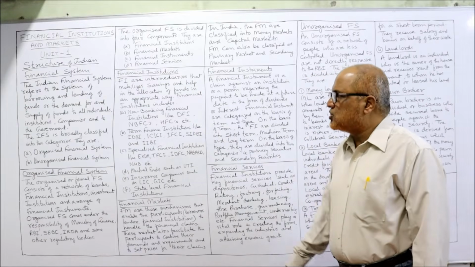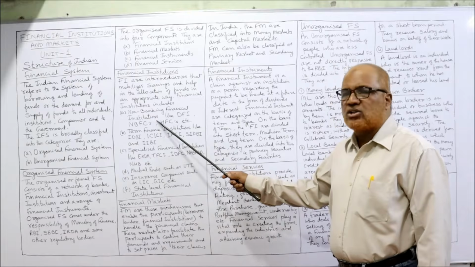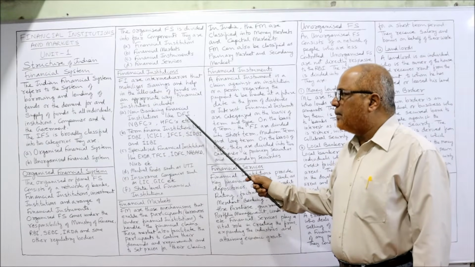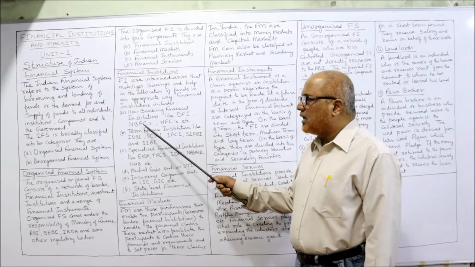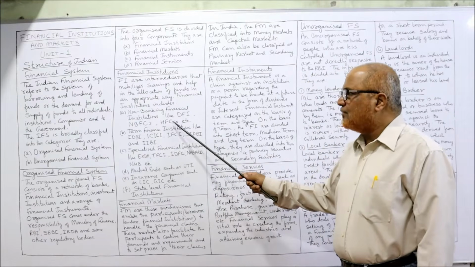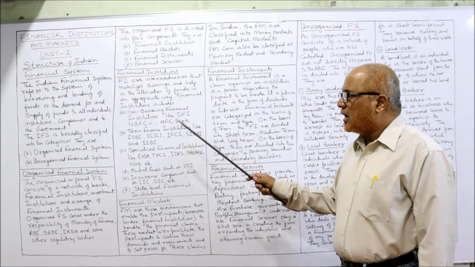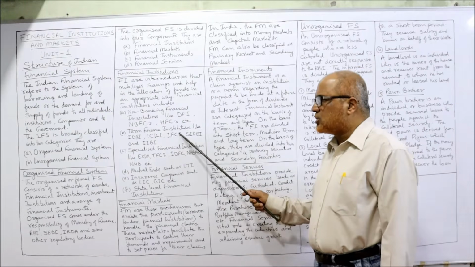The important financial institutions are non-banking financial institutions like Development Financial Institutions, non-banking finance companies, Housing Finance Corporation, and apart from that, term finance institutions.